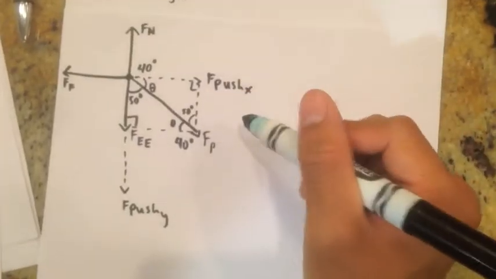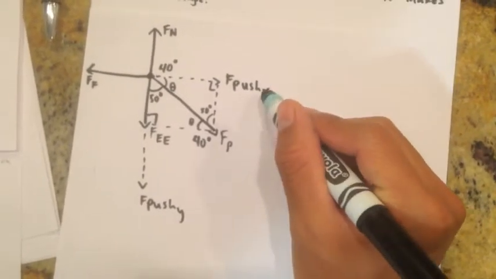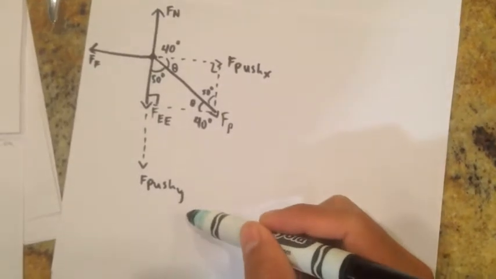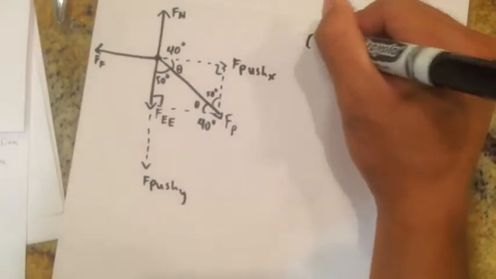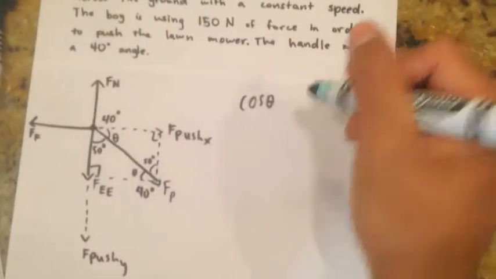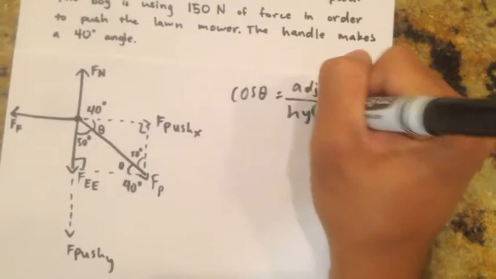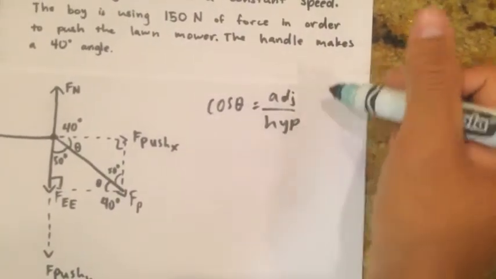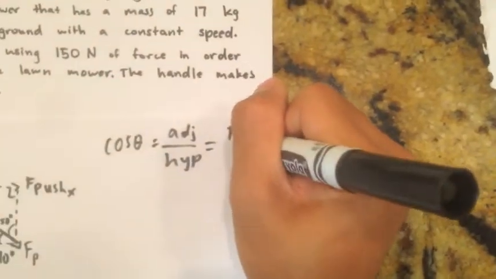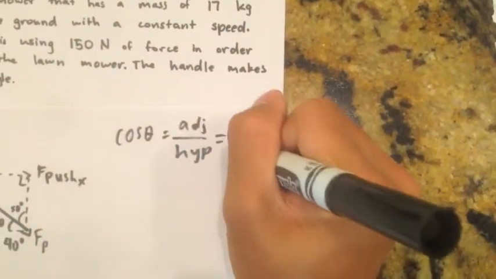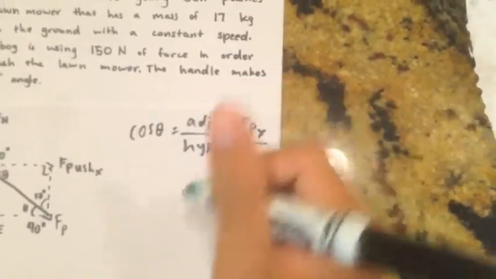Now that we've found the angles, we'll be looking for an equation to find the values of the force of the push in the x dimension and the force of the push in the y dimension. To find the force of the push in the x dimension, we'll be using cosine theta because it equals adjacent over hypotenuse. In this situation, adjacent is force of the push in the x dimension, and hypotenuse will equal force of the push.